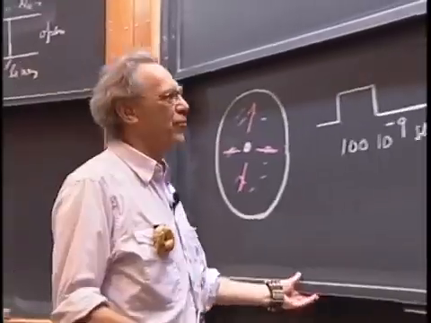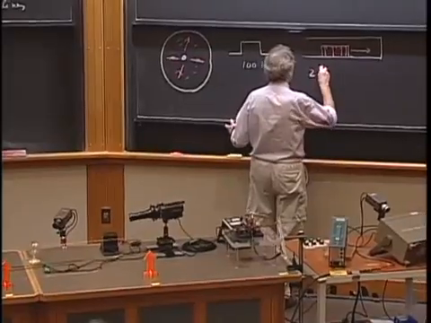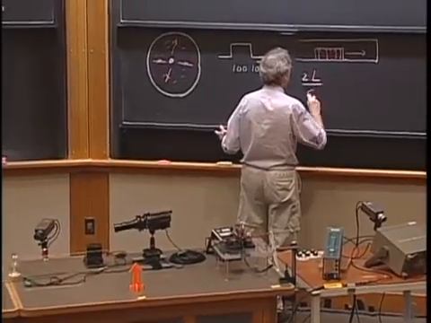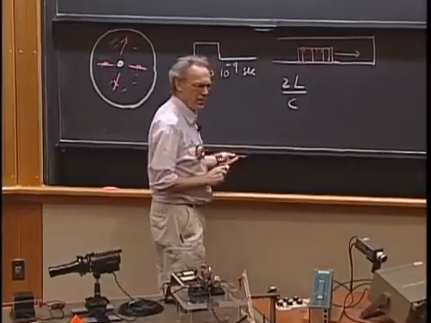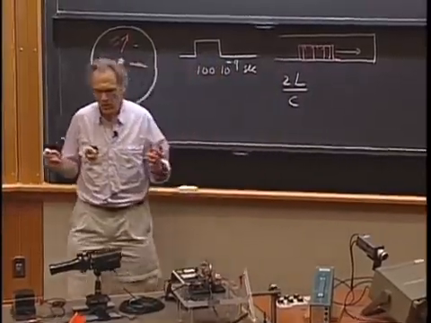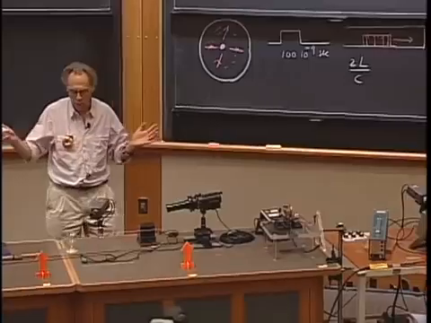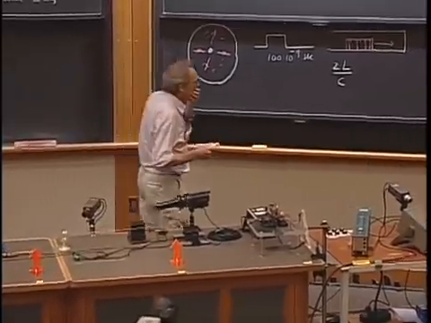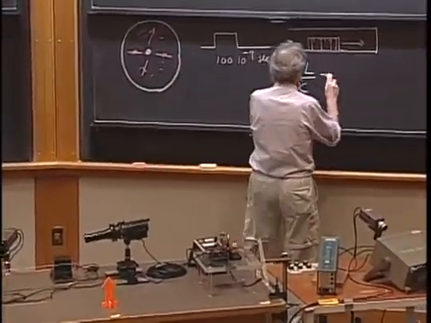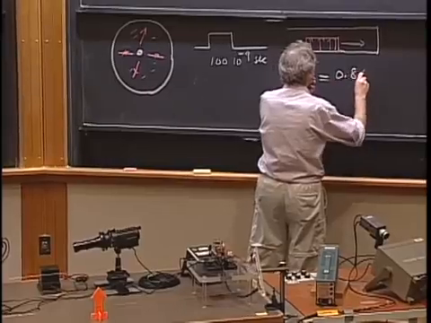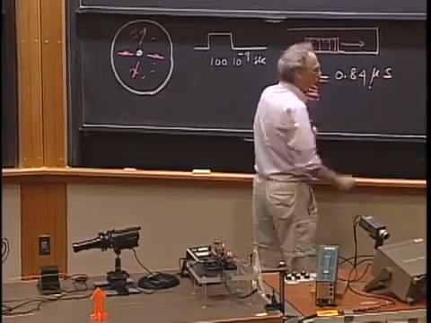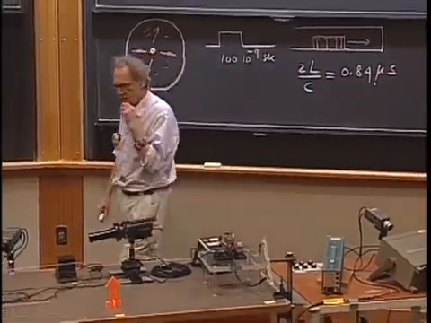So with all the confidence that I have in physics, I said, well, 2L divided by c, L being 127 meters, should therefore be 1.3 microseconds, because that goes with the speed of light. But when I calculated this, I found that this is only 0.84 microseconds.